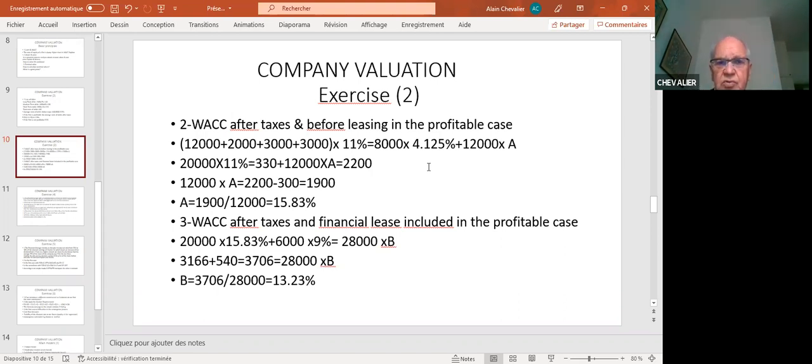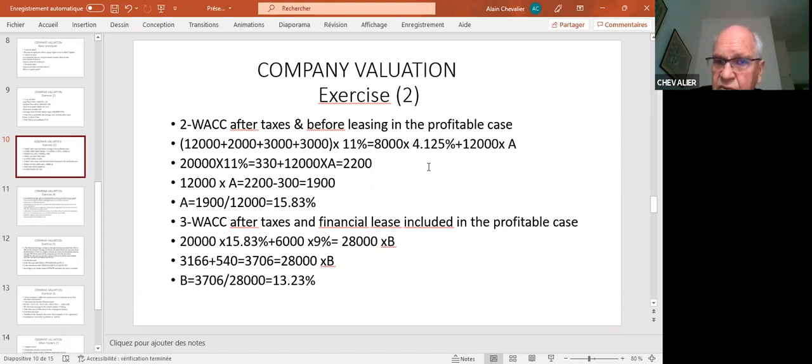This should be equal to 8,000, the total amount of debt, multiplied by 4.125%, which is the result of the preceding calculation after taxes. It means the average cost of debt. So the cost of debt in currency, be it dollar or euro, is 8,000 multiplied by 4.125%.